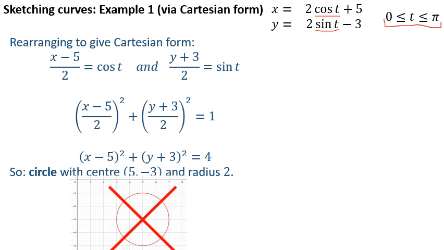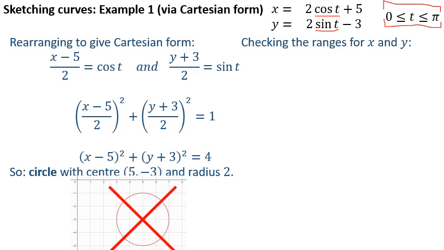In this case, it might have drawn more of the graph than we are entitled to. And you can see that from here, t varies between 0 and pi. So there is a limited number of values we're going to get t to be, and that means there'll be a limited number of values that x and y can be.